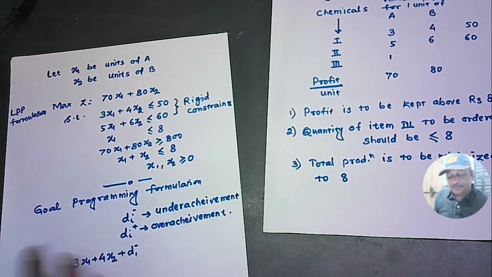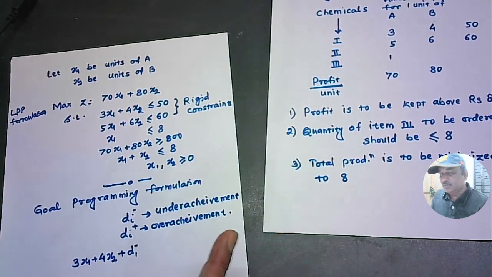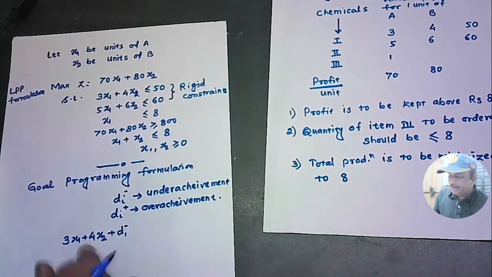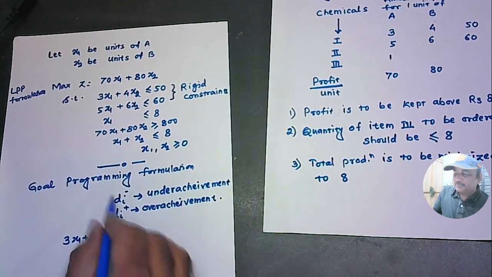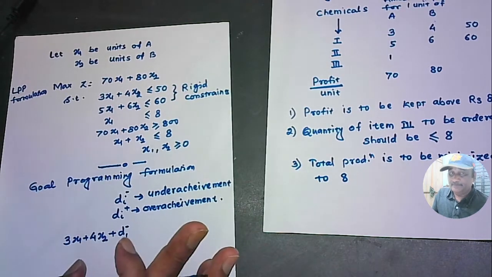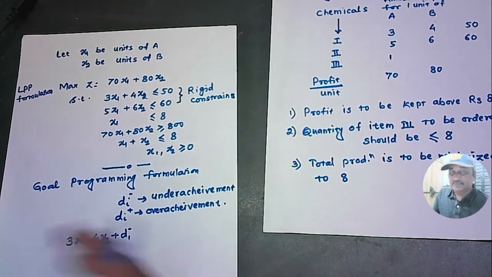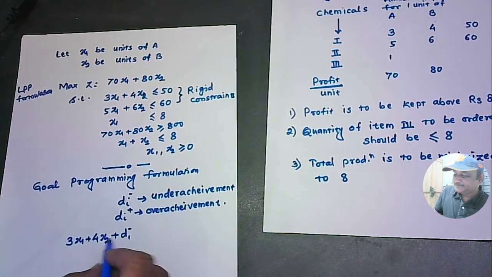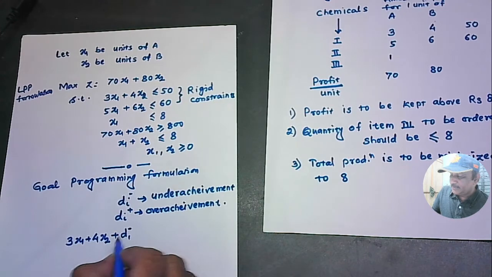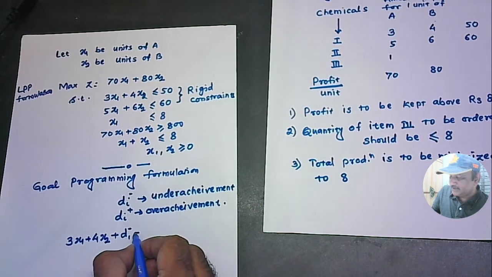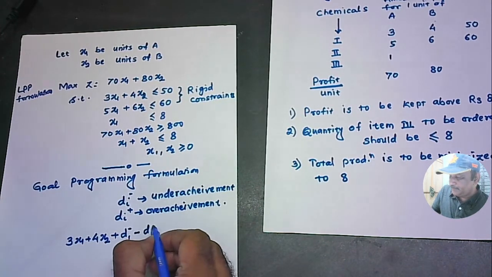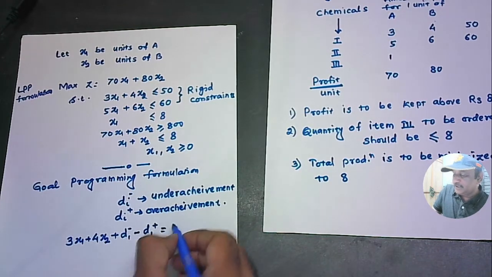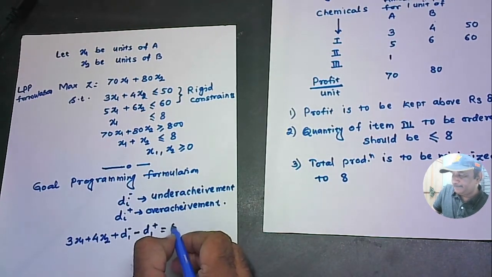To bring equivalence between the left hand side and right hand side, I'll have to subtract overachievement and add underachievement. Only one of these two will happen. Sometimes there will be underachievement, sometimes overachievement; both cannot happen simultaneously. So I add underachievement and subtract overachievement. d1 plus stands for overachievement. This is equal to 50.